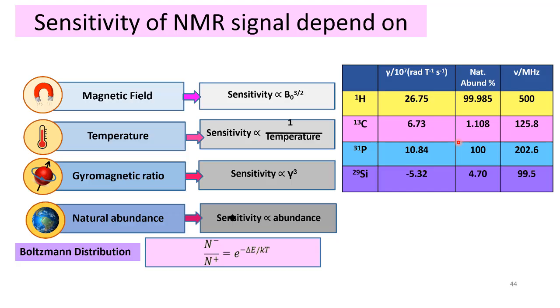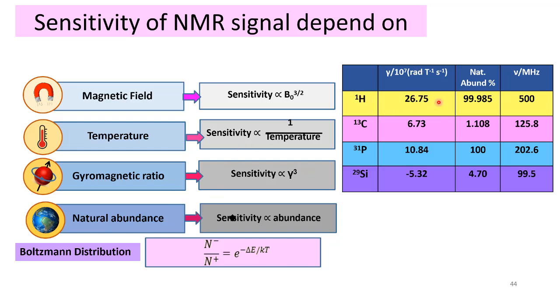So the sensitivity of the signal depends upon the magnetic field, then temperature, and gyromagnetic ratio, and natural abundance also. As we know, the proton and phosphorus are very highly abundant, with abundances of 99.9% and 100%. But again, their signal will vary. The frequency of the signal depends upon multiple factors: the magnetic field and the gyromagnetic ratio.